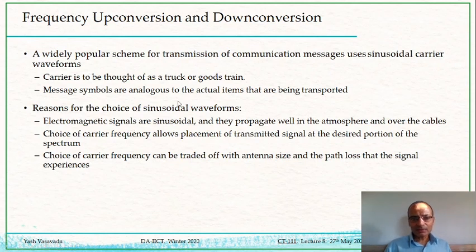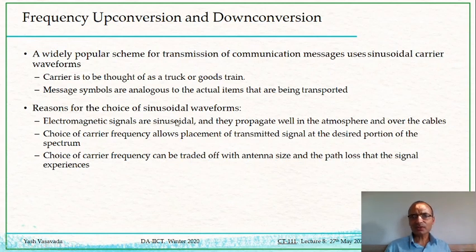The reason why we are going to be using sinusoidal waveforms is because all of the electromagnetic transmissions that happen through the antenna, and the signals that therefore propagate well in the atmosphere and over the cables, are all sinusoidal in nature.